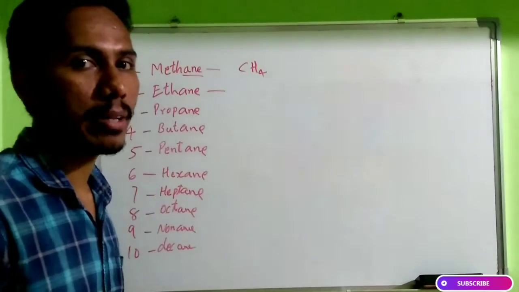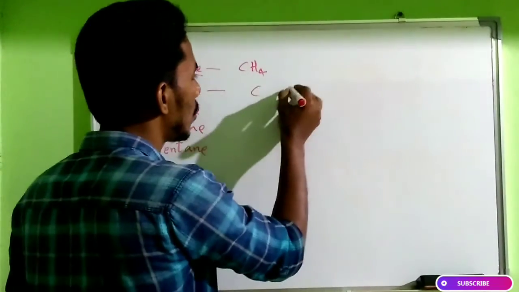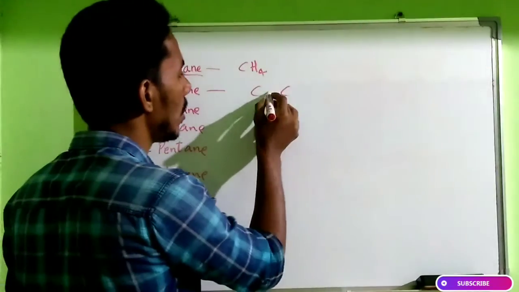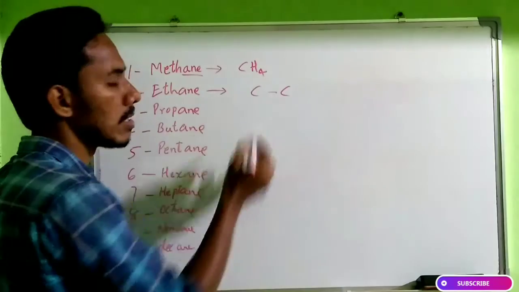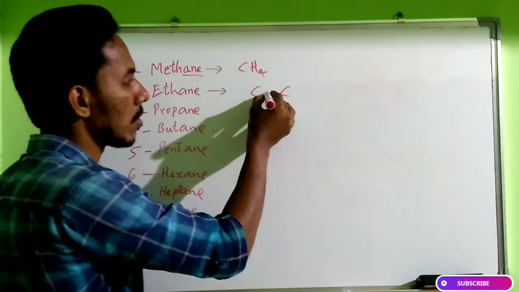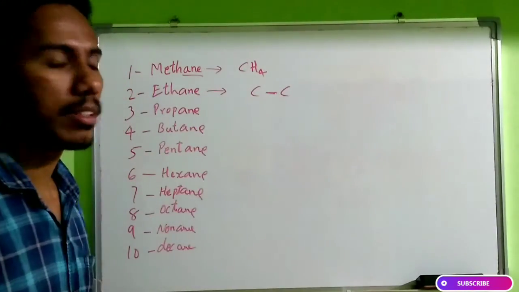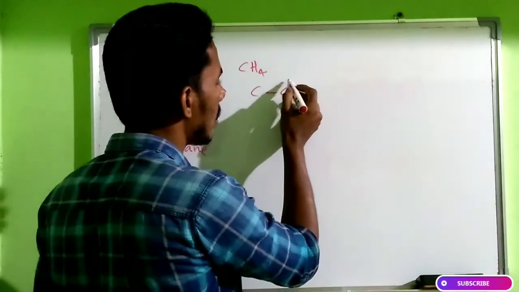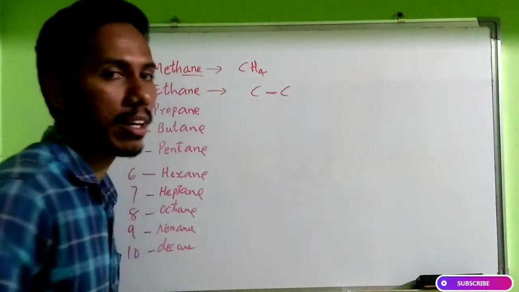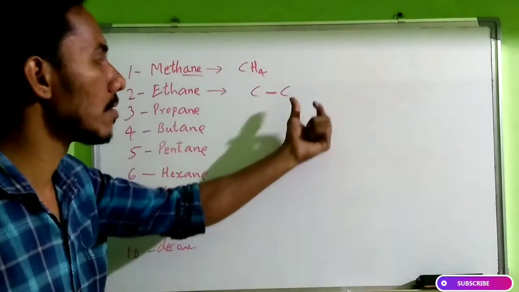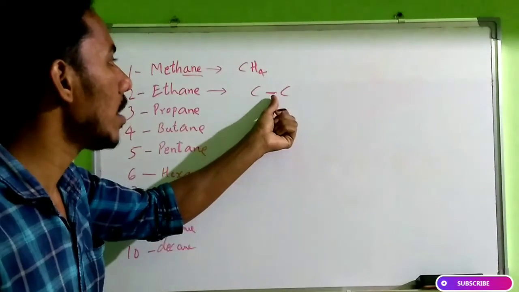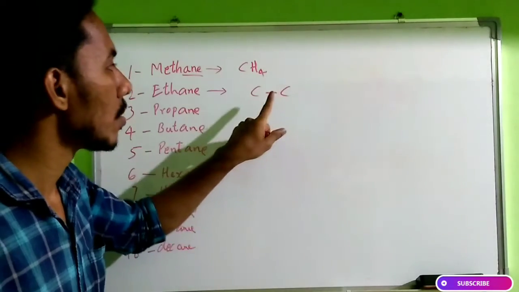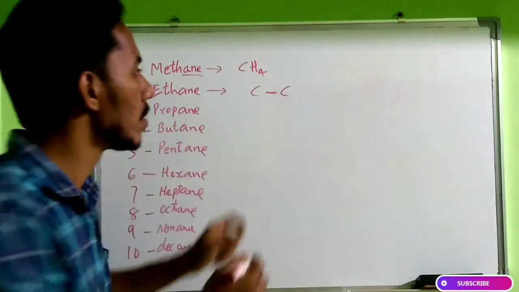Then the second one, ethane. How many carbon atoms? 2 carbon atoms. ANE means only single bond, so I draw a single bond in between these two carbon atoms. Then how many other valence electrons are free here? One electron is bonded between these two carbon atoms. So here one, okay.